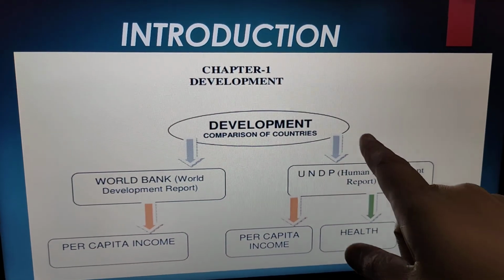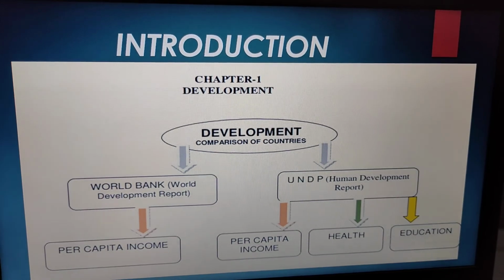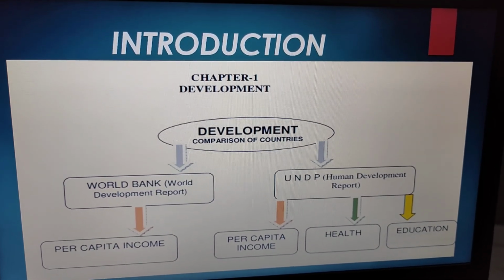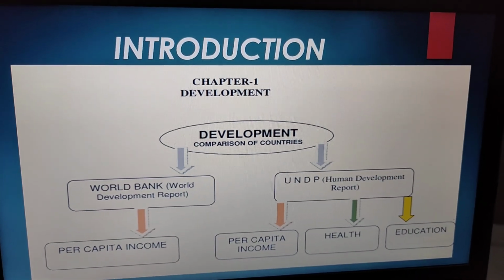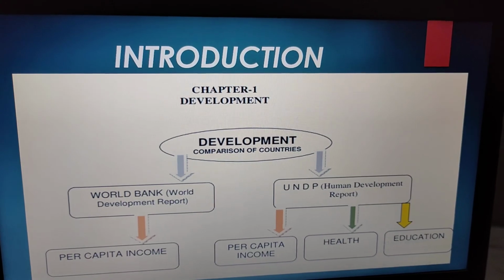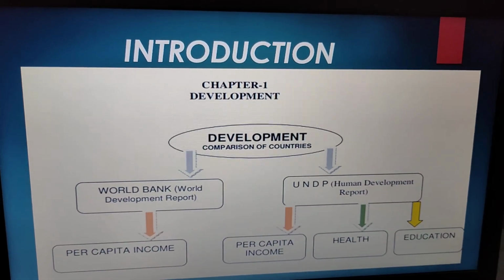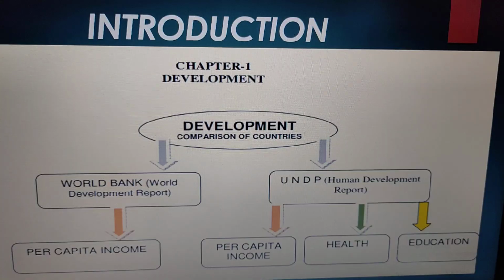And the UNDP, the United Nations Development Programme, divides development progress into three parts: per capita income, health, and education.